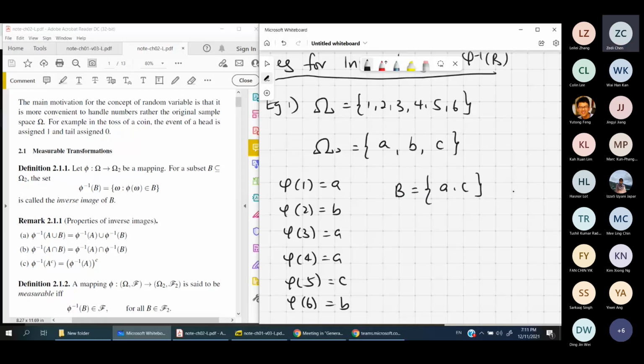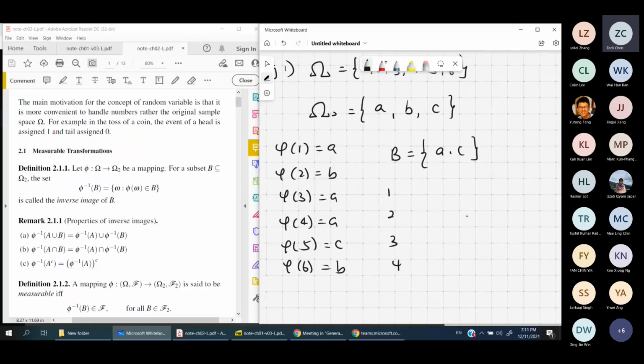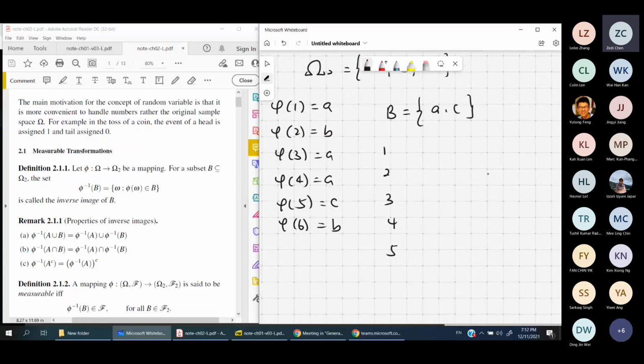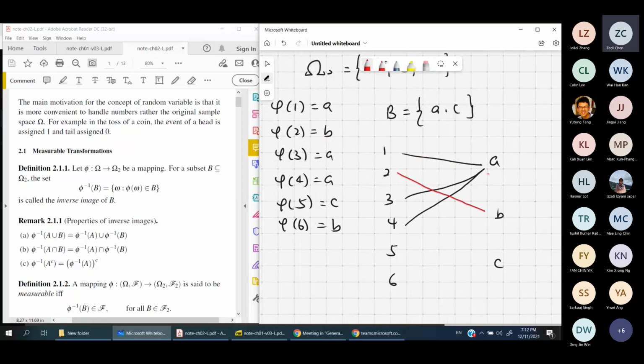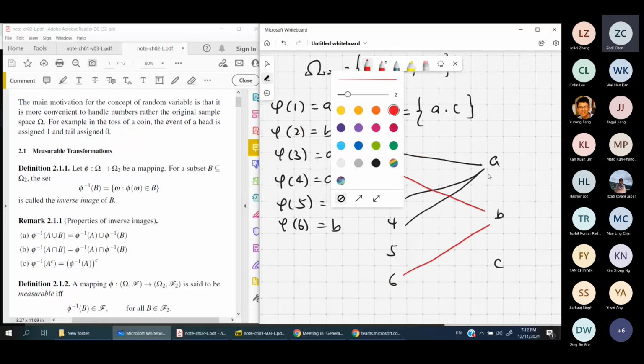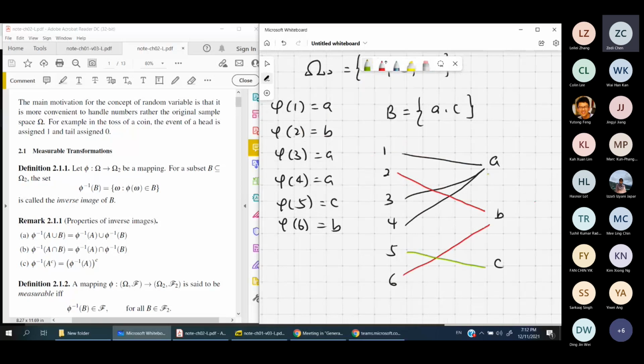Here is our omega, 1 to 6, and then we have A, B, C. 1 goes to A, 3 to A, and 4 to A. Then 2 goes to B, 6 also to B, and finally 5 goes to C. Since B is {A, C}, we are only interested in A and C, so we go back: 5, 1, 3, and 4.